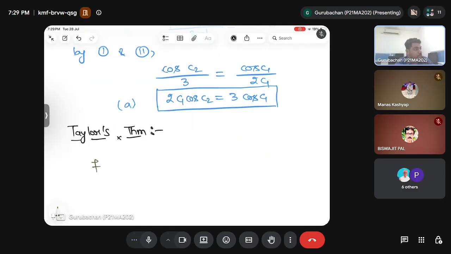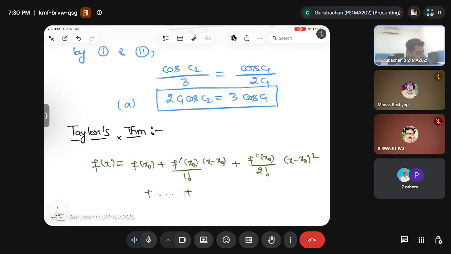So f(x) can be written as f of x naught plus f dash of x naught times (x minus x naught) divided by 1 factorial, plus f double dash of x naught divided by 2 factorial times (x minus x naught) whole square, plus and so on, and the nth term will be the nth derivative of f at x naught divided by n factorial times (x minus x naught) power n, plus some remainder term. This is Taylor's formula or Taylor's theorem, I would say.